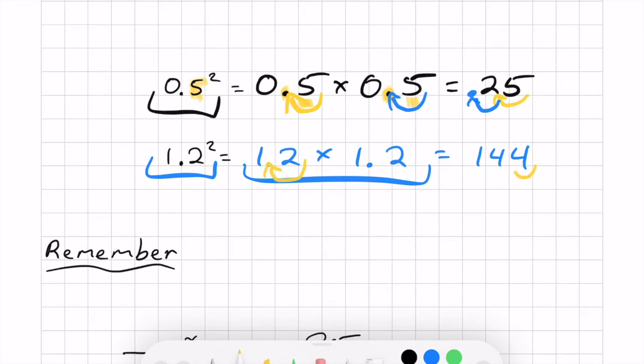So I know I need to move the decimal over 1 place. And then I look at the decimal on the second number, and I move the decimal 1 more place. And I know that the answer would then be 1 and 44 hundredths, because this last 4 is in the hundredths place.